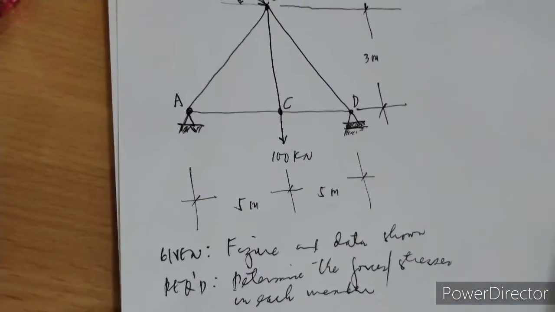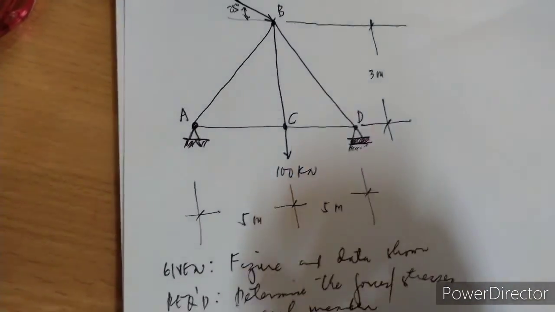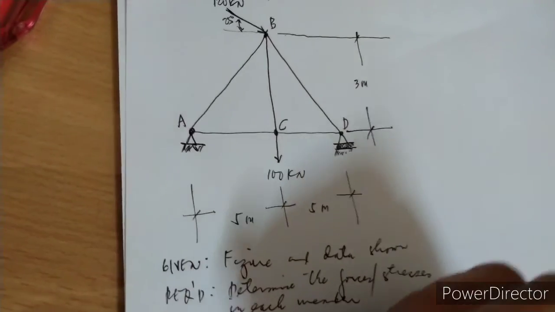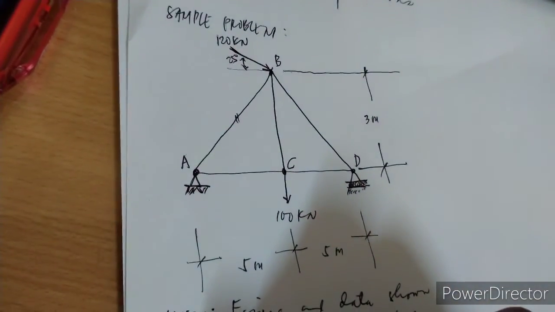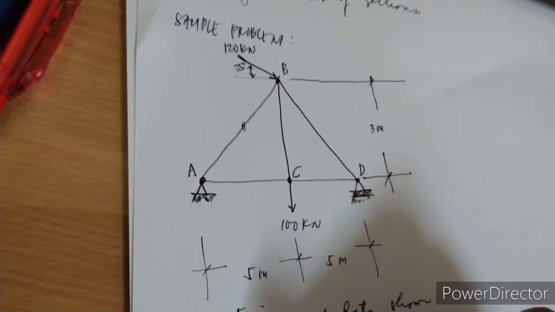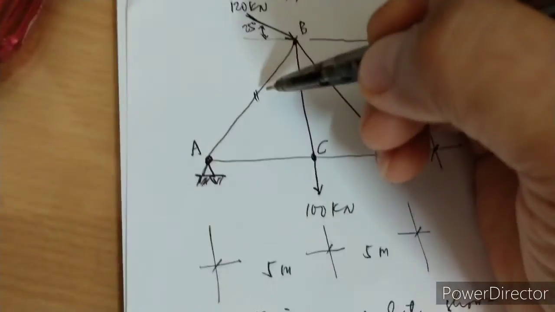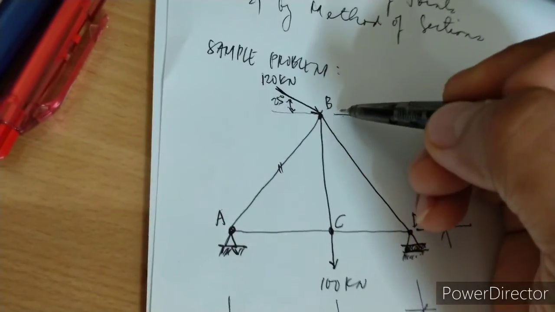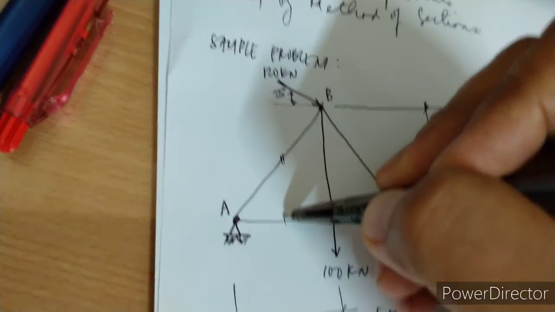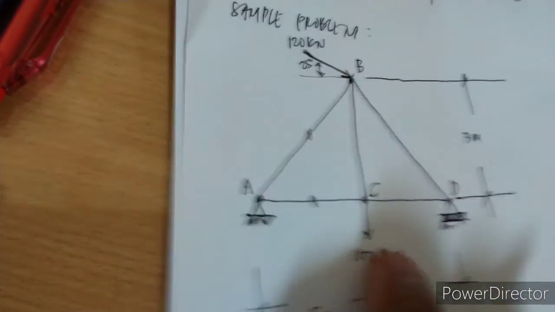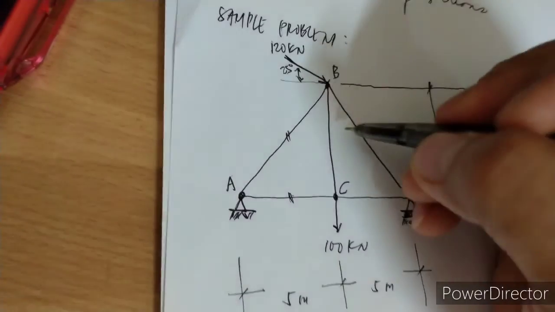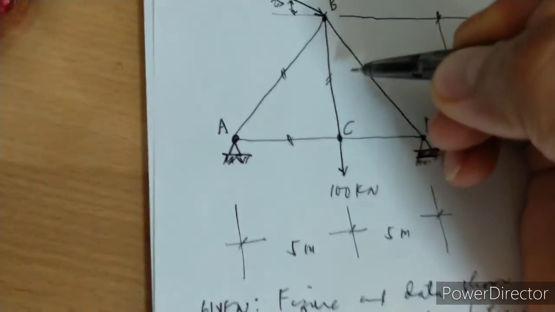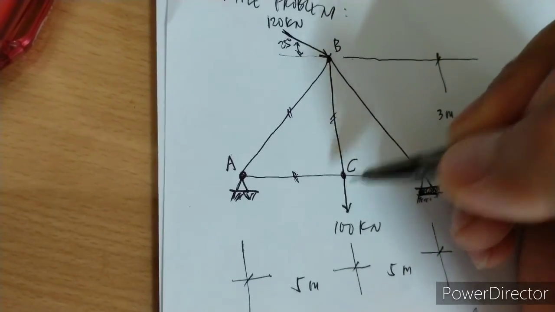So what are those members? Let's try to identify them. So we have member AB, this one, AB. Then we have member AC, this AC. And we have member BC, this one, BC.